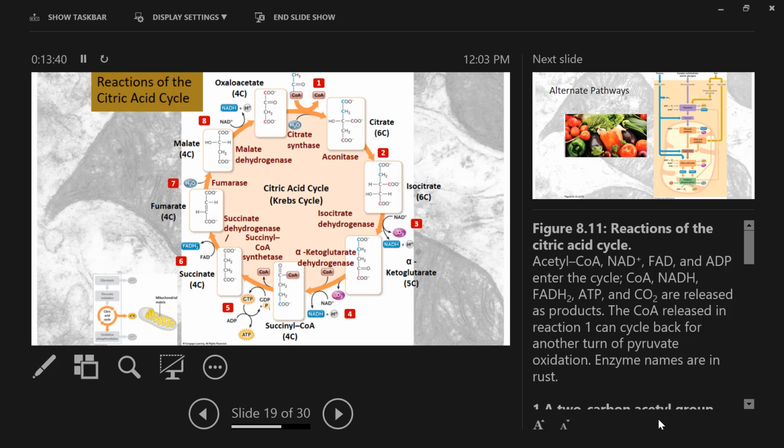But how many NADH do we make during glycolysis? 2. Yes? We make it in step 6 of glycolysis. We make NADH, and we do step 6 twice for every 1 glucose molecule. So we make 2 NADH during glycolysis. How many NADH do we make when we oxidize pyruvate into acetyl-CoA? 2 more. 1 for each pyruvate, but we have 2 pyruvates for every glucose molecule, so that's 2.